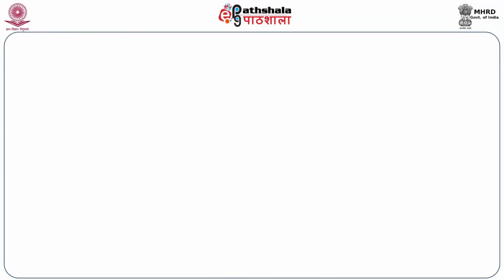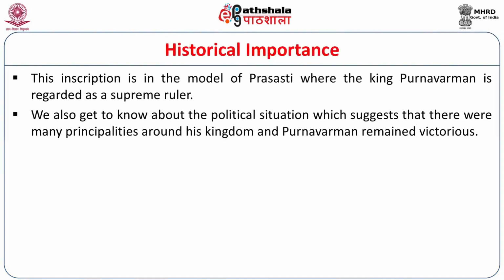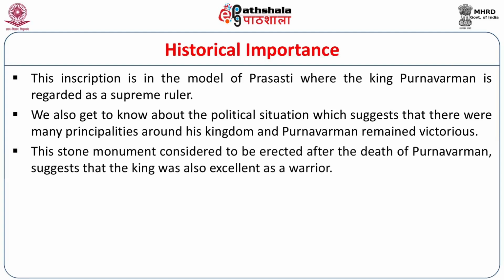We also know about the political situation, which suggests that there were many principalities around his kingdom and Purnavarman remained victorious, because the inscription says that his darts would defeat a lot of foes. This stone monument is considered to be erected after the death of Purnavarman, and it suggests that the king was also excellent as a warrior.